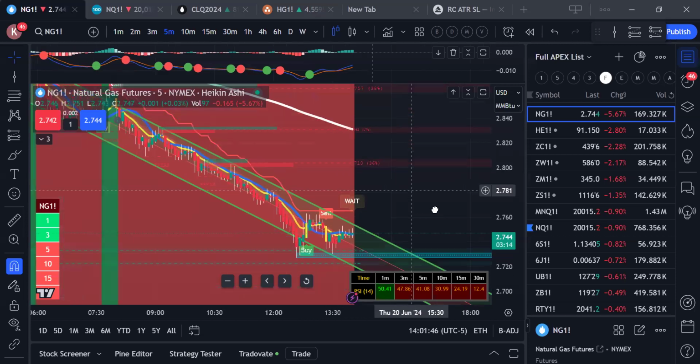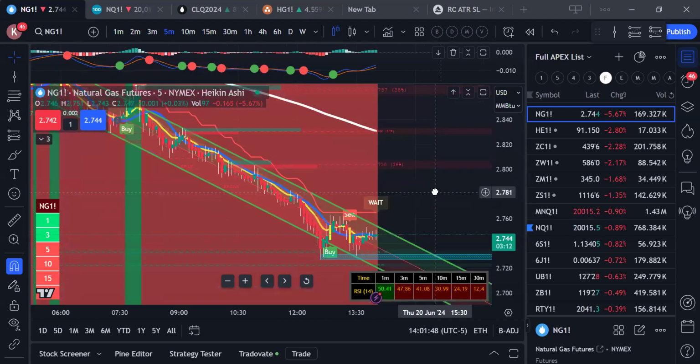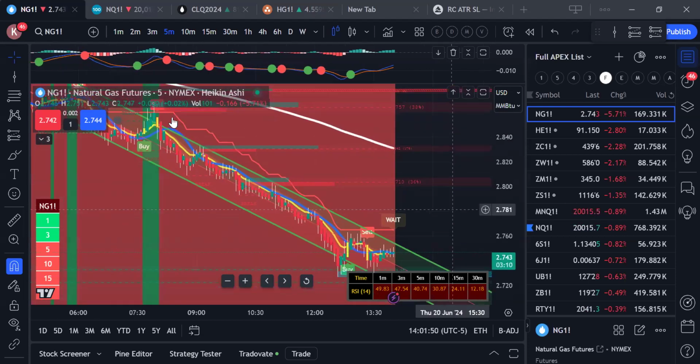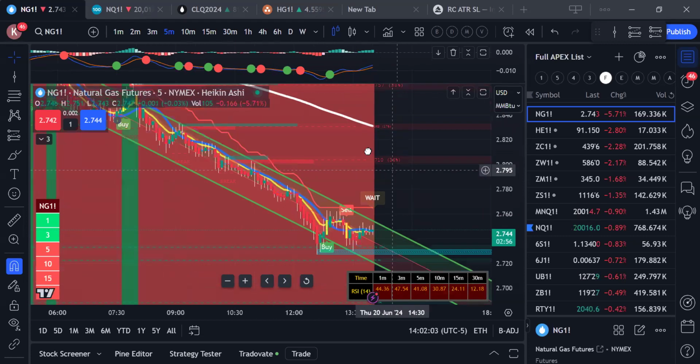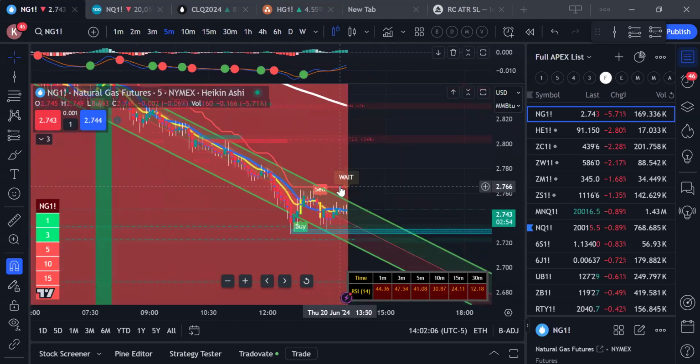So in that way, you also have this trend here. You already have a background color, which should tell you not to take any buy signals. The momentum is very bearish. It is telling you no. But we added one more line here, which shows you that this is a bearish trend.